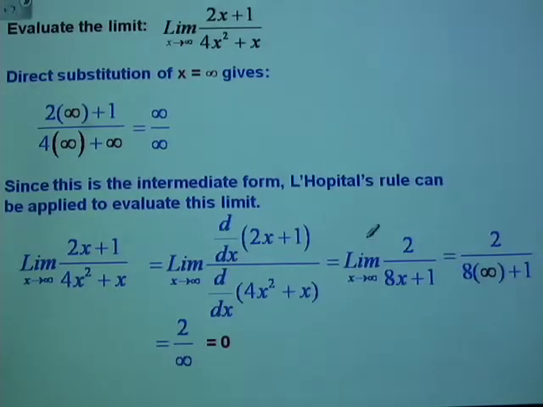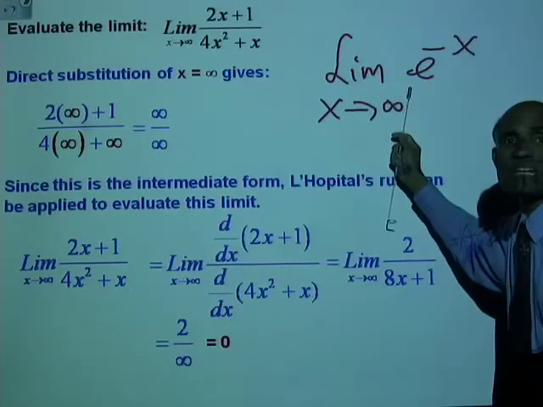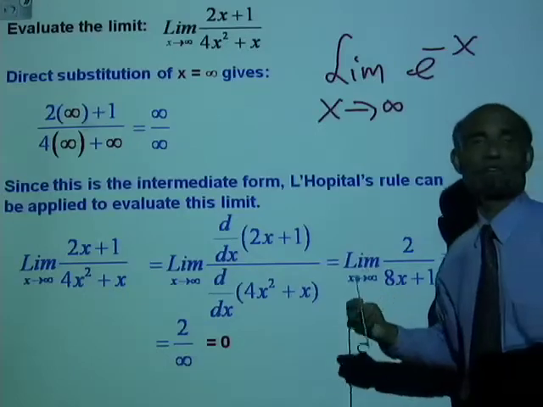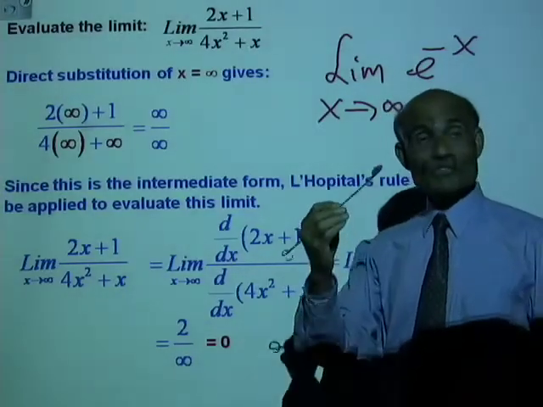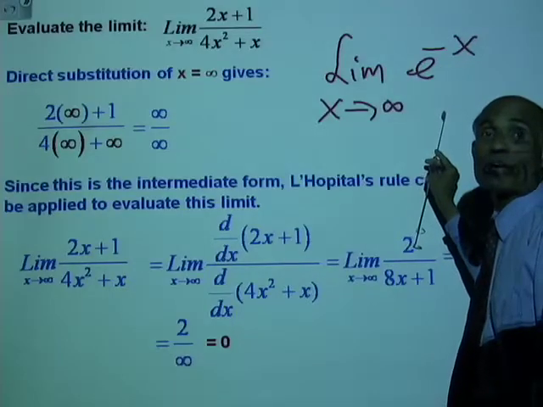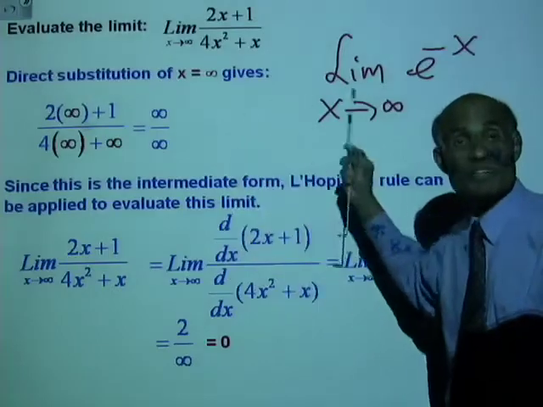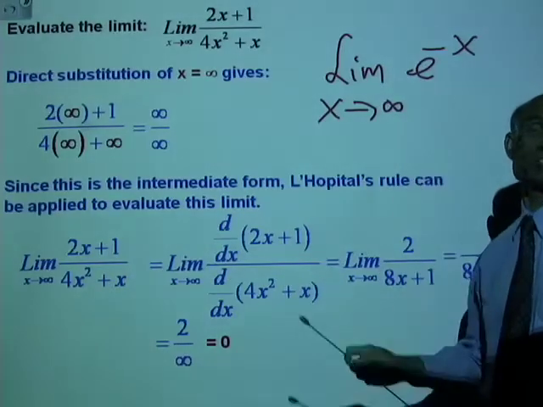Okay, let me ask you, how about this? What is the value of limit x approaches infinity of e to the power of negative x? Well, it is limit x approaches infinity of 1 over e to the power of x, and when x goes to infinity, it will be 1 over infinity, and that will be 0.